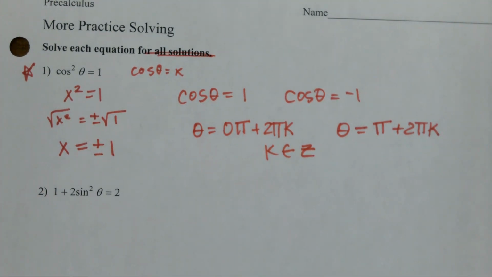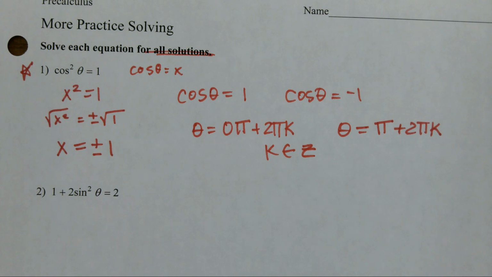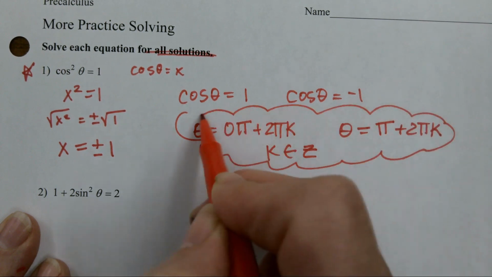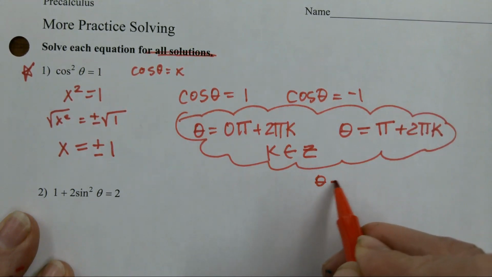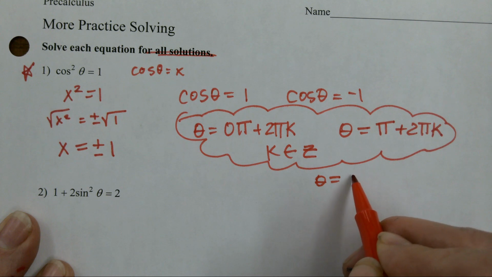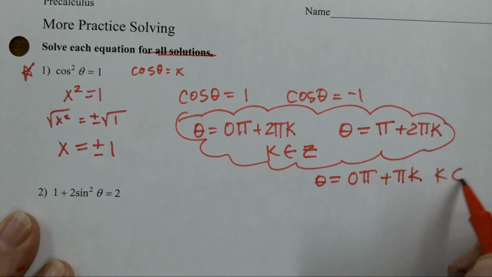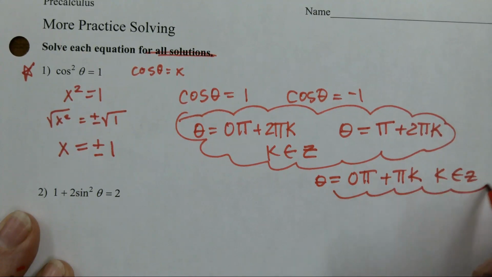I could actually write this answer a different way. We talked about this a little bit yesterday. Because 0 pi and pi are pi apart, this would be one possible solution, I could write this as theta equals 0 pi plus pi k, where k is an integer, and that would cover the ground.